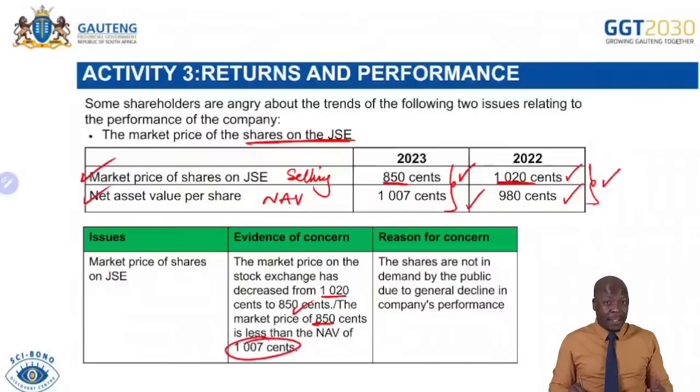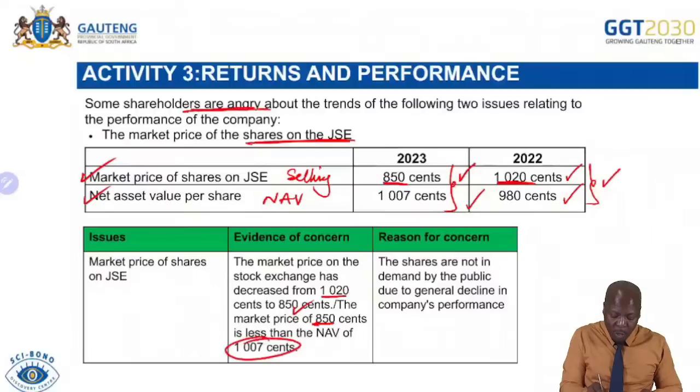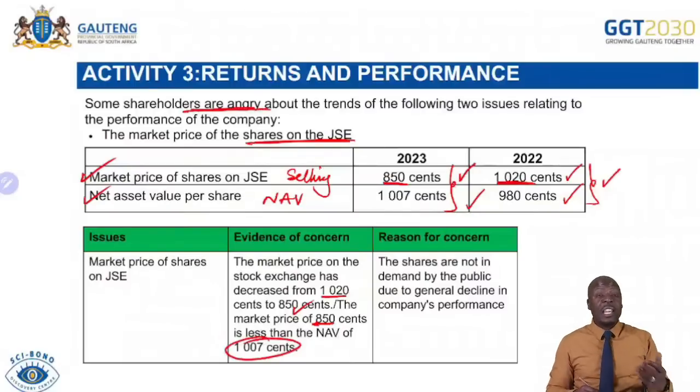Once the market price is less than the NAV, it will anger shareholders as their shares now are worth less on the market than what they are actually worth in the company. In other words, new shareholders can actually buy these shares at a lower price than what they are worth in the company.